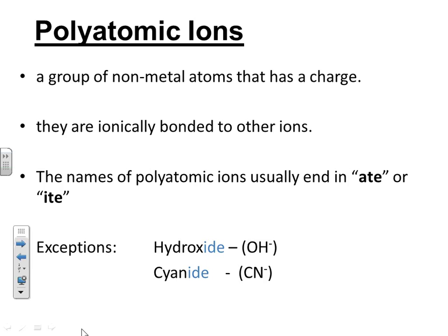All right. So what is a polyatomic ion? Well, a polyatomic ion is a group of nonmetal atoms that have a charge. They can ionically bond to other ions.